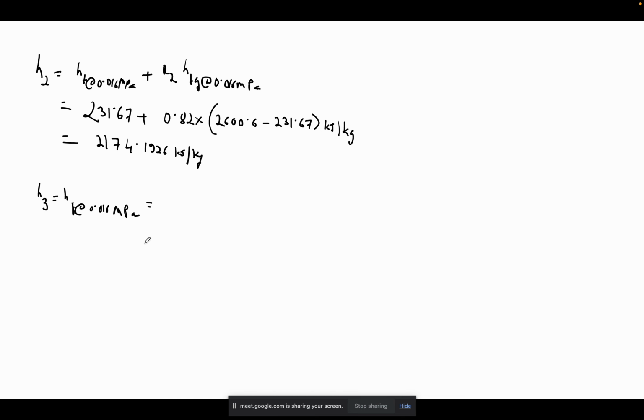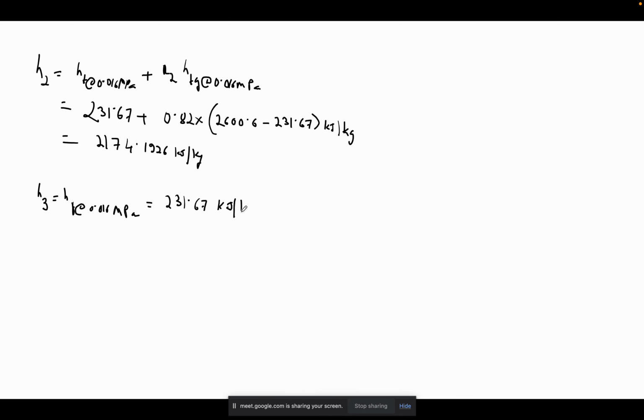So point 3 is fixed. It will be at the point of intersection between this pressure line and this dome shaped saturated liquid line. That will be HF at 0.016 megapascal, which is nothing but 231.67 kilojoule per kg.